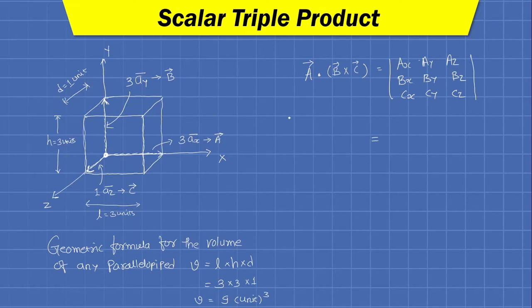The x component of a is 3. The y and z components of vector a are 0, so we will simply put 0.